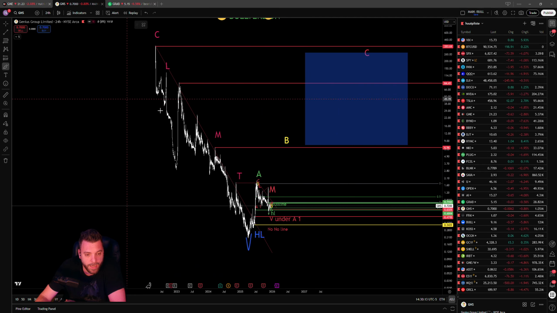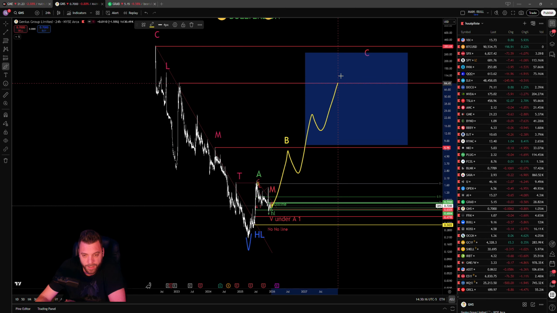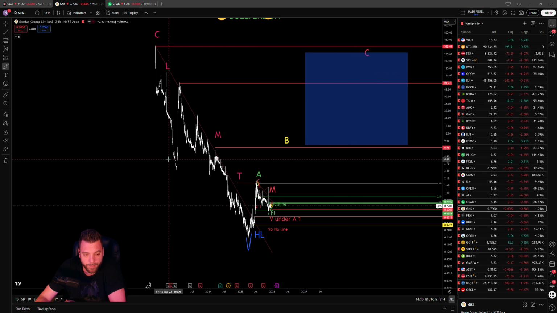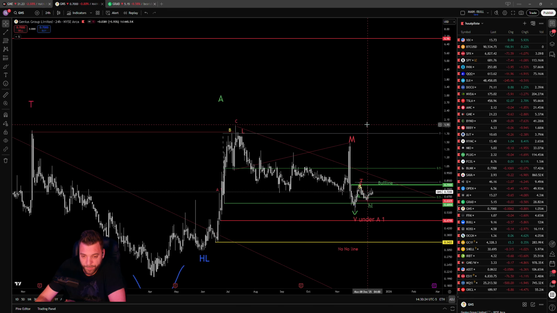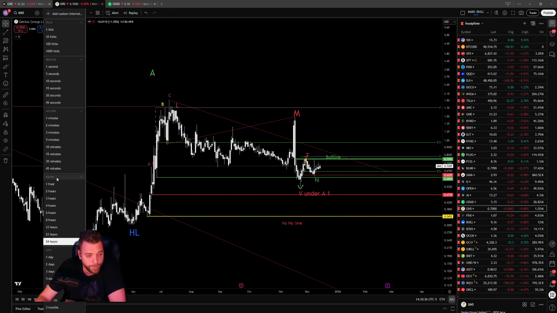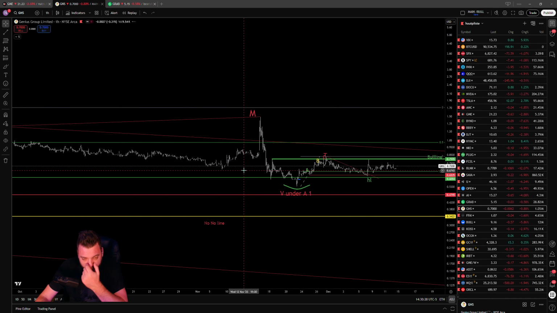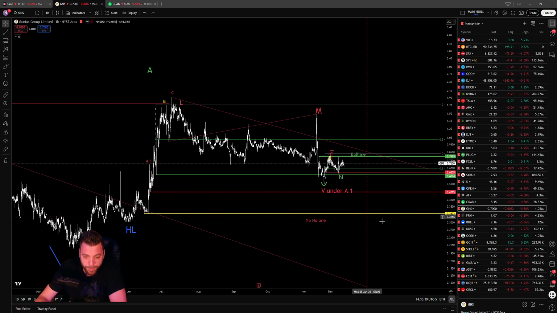The thing is, I don't think we will do something like this, because every time we finish our higher low, we go. So let's see. For tracking wise, where are we right now? In the A pullback for the bullish version.